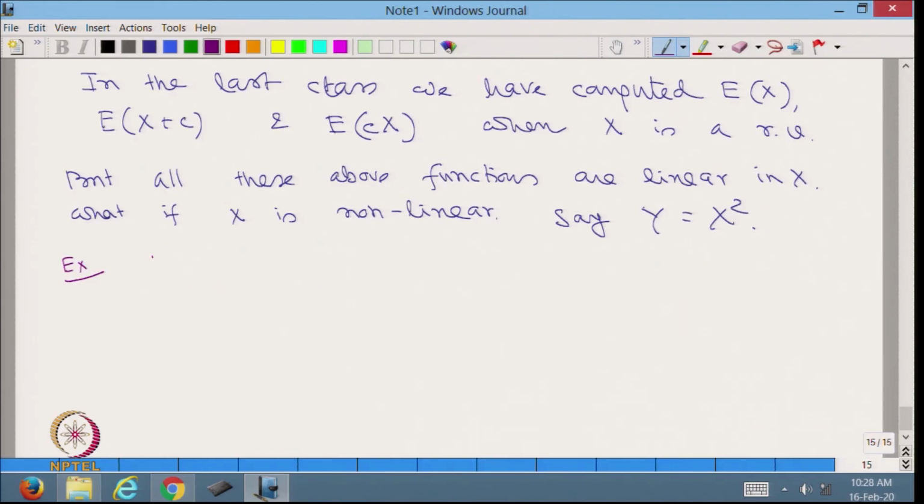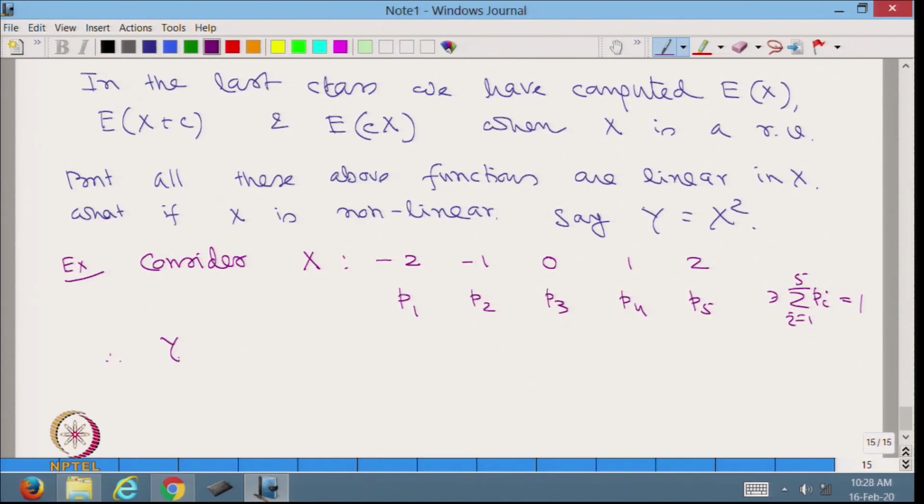Example, consider x which takes the value -2, -1, 0, 1 and 2. Suppose the probabilities are P1, P2, P3, P4 and P5 such that sigma P i, i is equal to 1 to 5, is equal to 1.